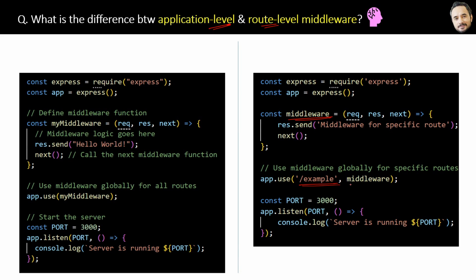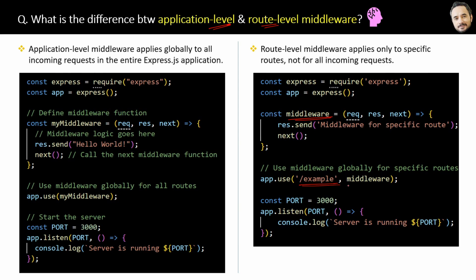Because sometimes we know the answer and the concept, but we don't know the different terms and names like router level middleware and application level middleware. These terms can confuse us, and I want to make sure we are not confused. So if we know the answer, we should know it completely. The same has been mentioned here also, so that if anyone wants to revise from the book later, it will be pretty easy for them.